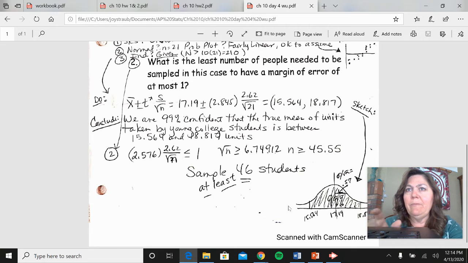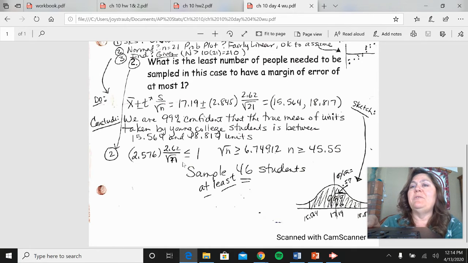Okay. Moving on to question number 2, what's the least number of people needed to be sampled? So here is our Z star for 99%. And then here is the S divided by square root of N. I'm dividing 1 by 2.576. Let's see, what did we do here?